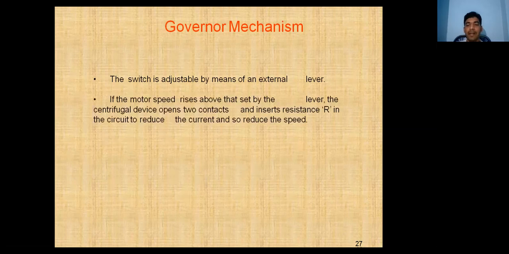If the motor speed rises above that set by the lever, the centrifugal device opens two contacts and inserts resistance R in the circuit to reduce the current and so reduce the speed.